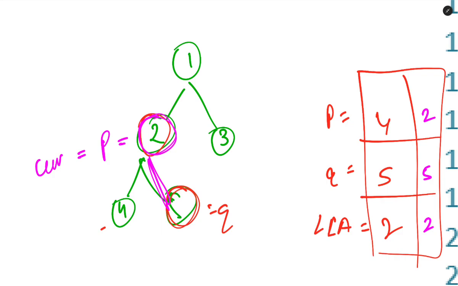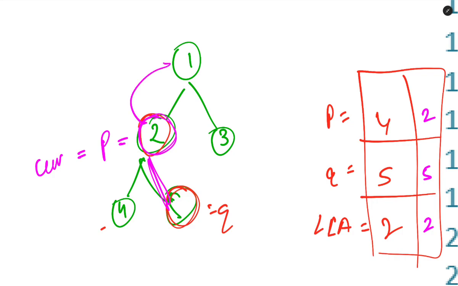In the second case, the current node which I am currently on is itself my lowest common ancestor, since one of its children has Q and it itself is P. In that case, I will return my current node as my answer.